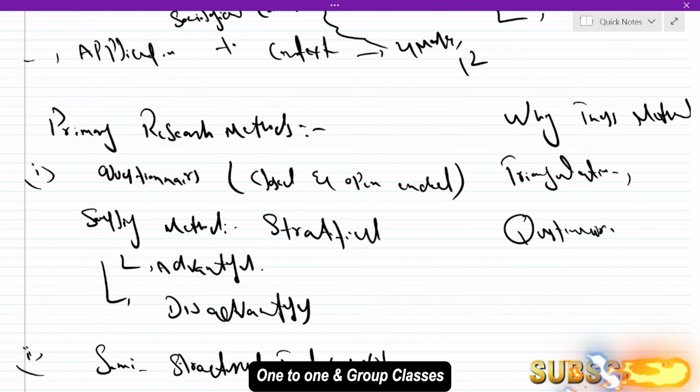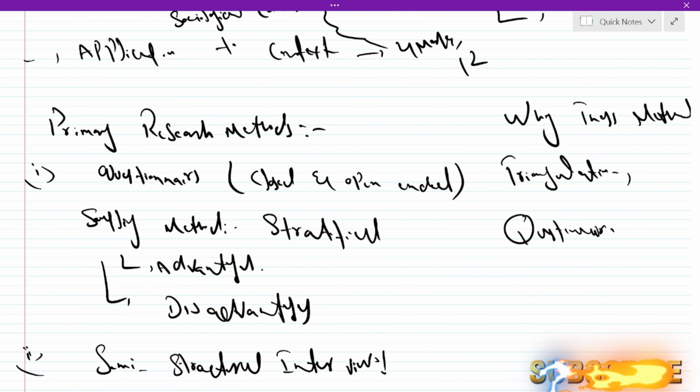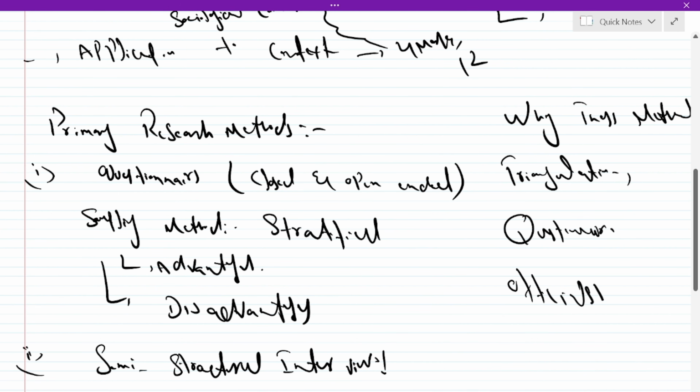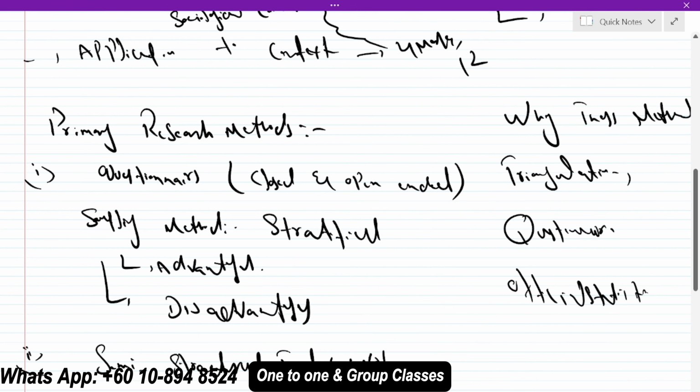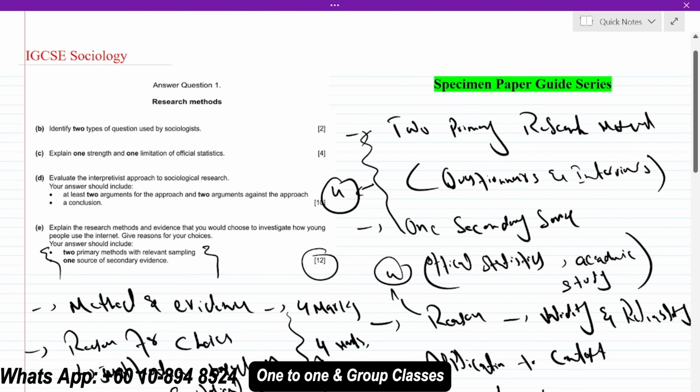You can see that I'm relating my justification with these two sources of research method. And then official statistics validate primary research findings. So this is how you would be able to get 12 out of 12 marks by explaining all these points.